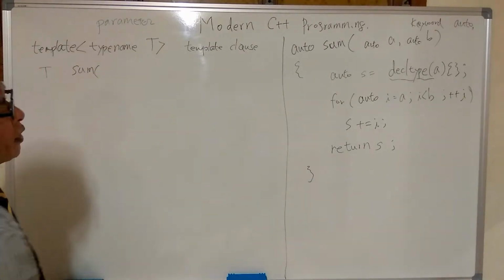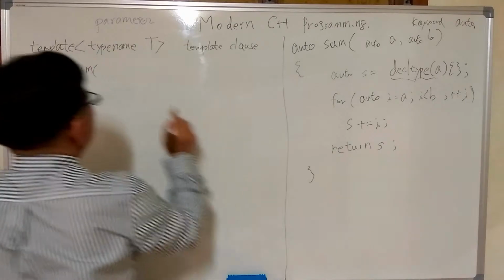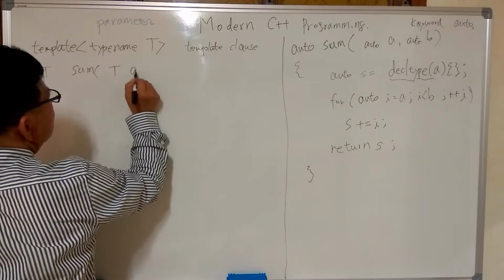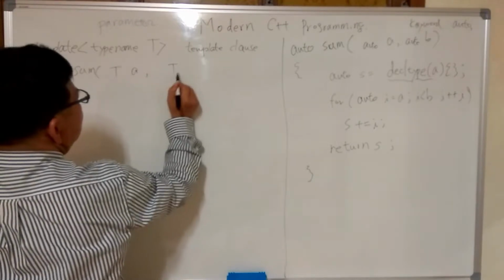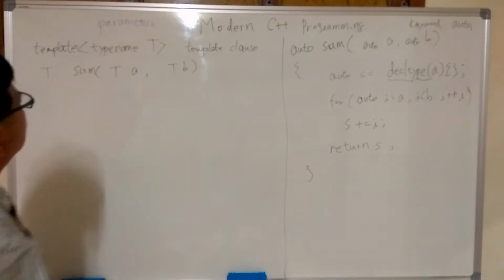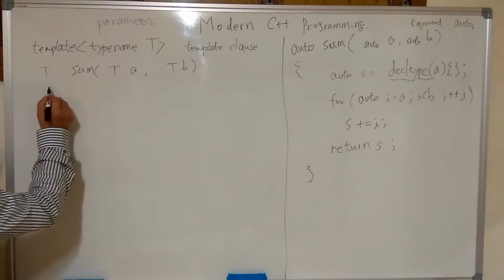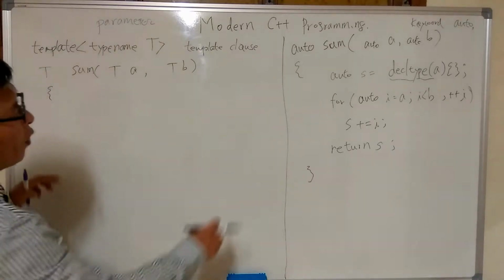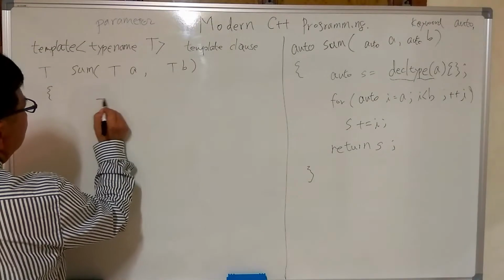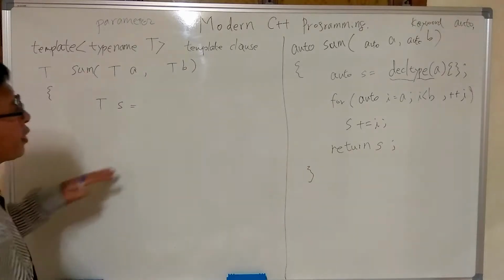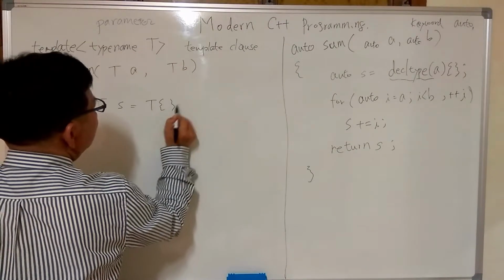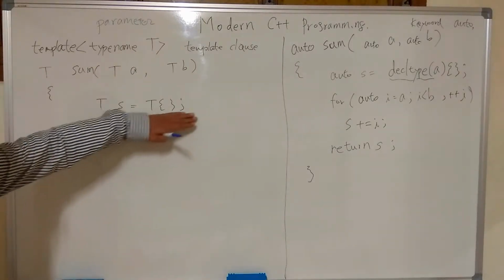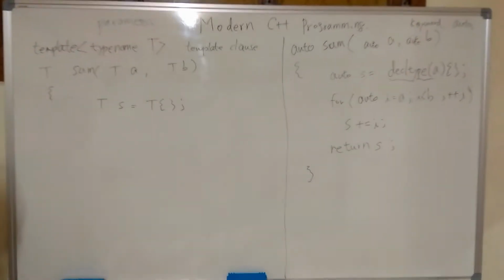Like this. Then auto A means T A, auto B means T B, like this. Then open curly brace, auto S equals, and this means T with curly brace, this is the initializer, the default value initializer.